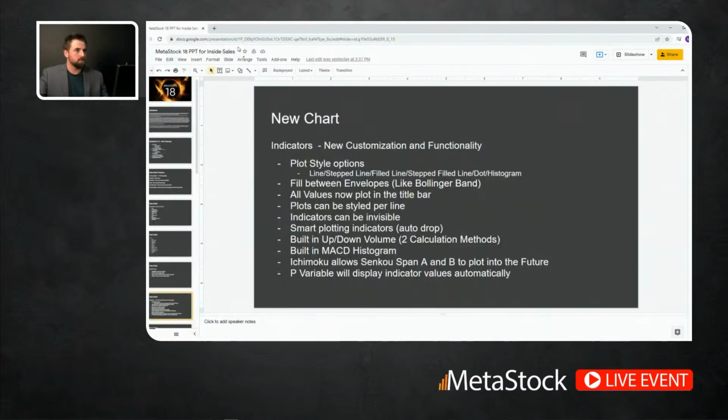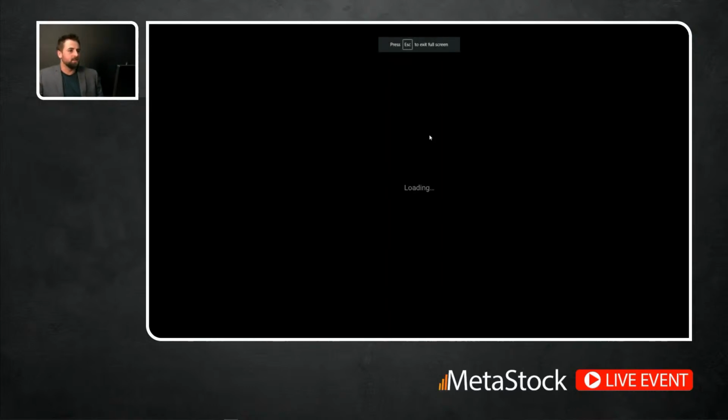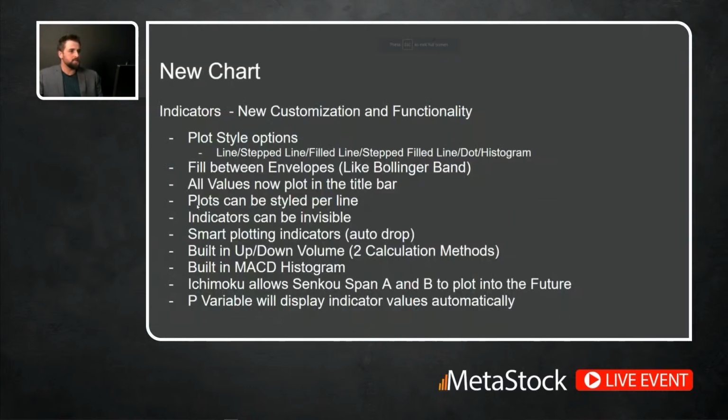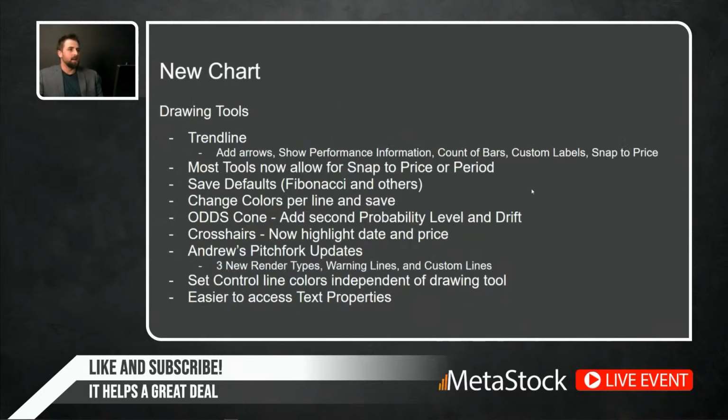Let's go back into the PowerPoint and let's full screen that again. So we did the invisible lines, the smart plotting, built-in up and down. You saw the histogram, the Ichimoku cloud plotting into the future. Also, for those of you that use P variable, you can display the indicator values automatically now. So that's another enhancement that we've added in as well.